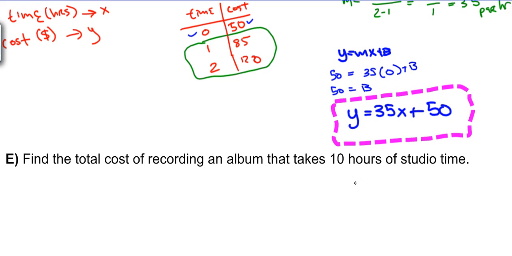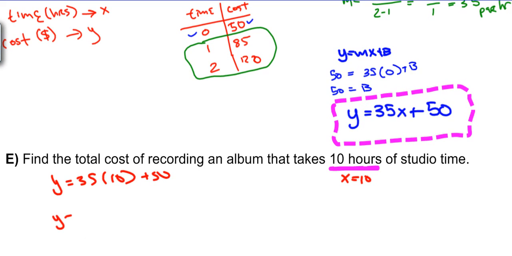Well, 10 hours is probably short to record an album. You could extend this table all the way to 10, but we have an equation that helps us. 10, that is our x value. So I'm just going to do y equals 35 times 10 plus 50. And I can either do that in my head or use a calculator.